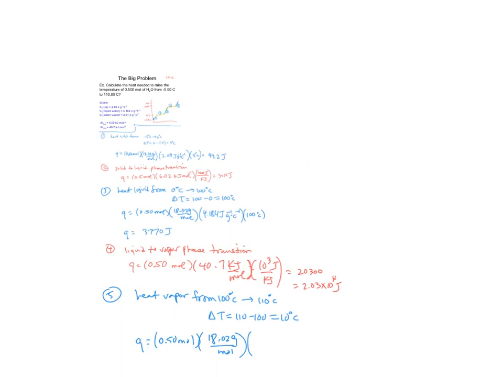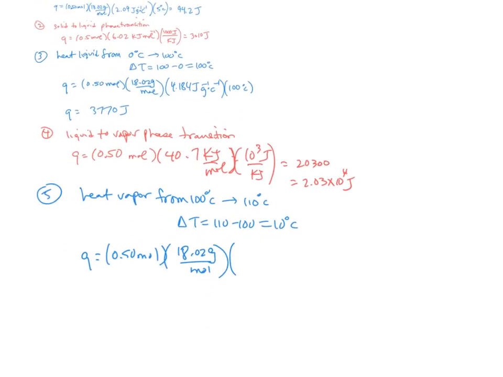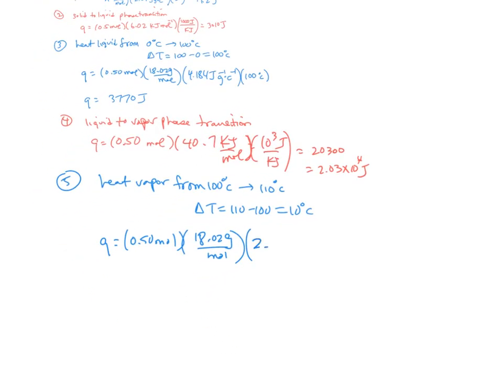Now we're going to use 2.01 joules per gram degrees C. And Q for that one, that's already in joules. That is equal to 181.1 joules.